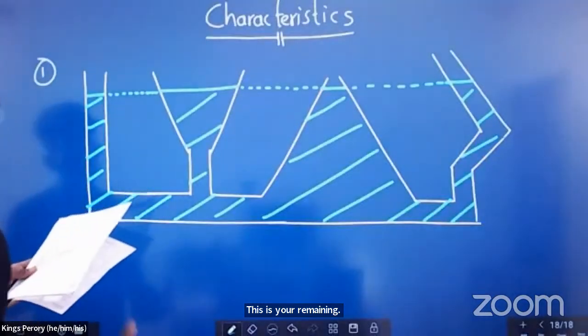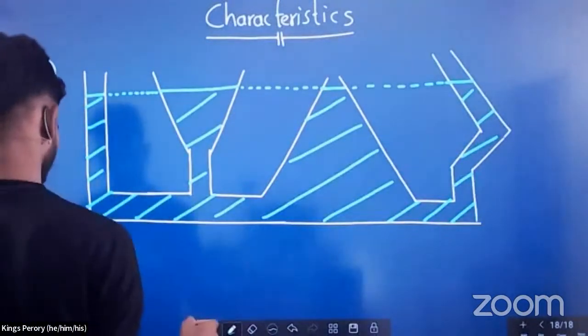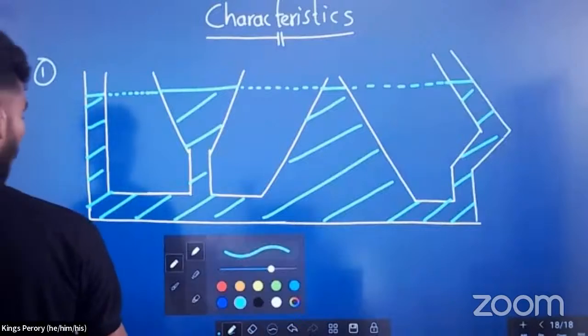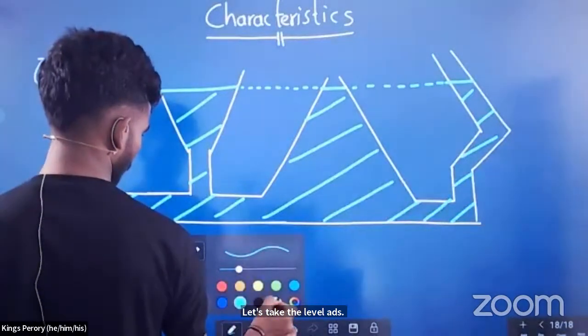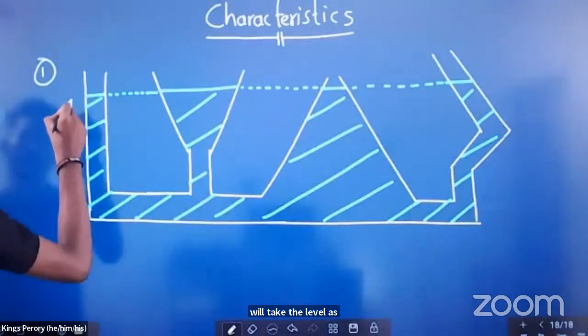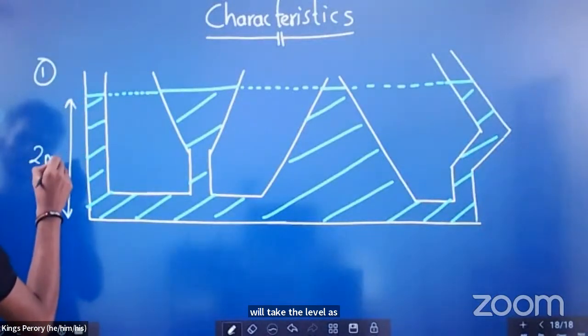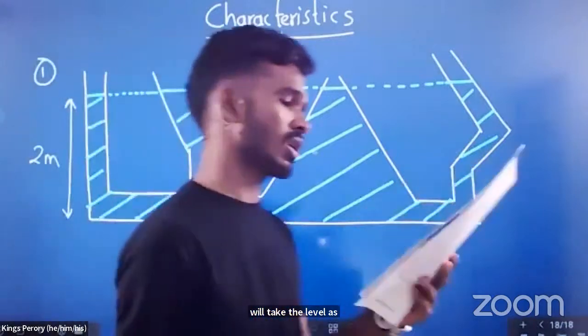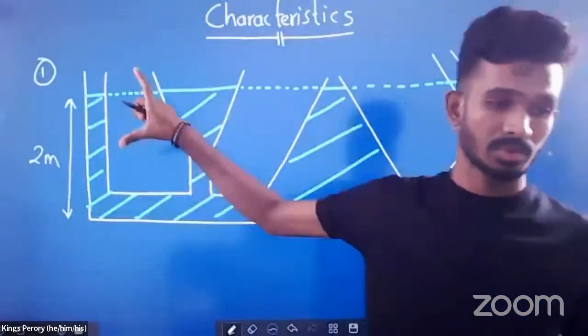Let's take the level as 2 meters. The 2 meters is not given in the tube. Can you mark it? The level is 2 meters.